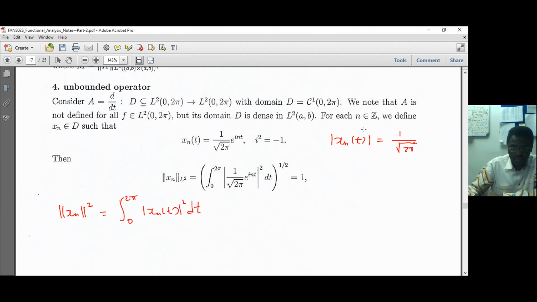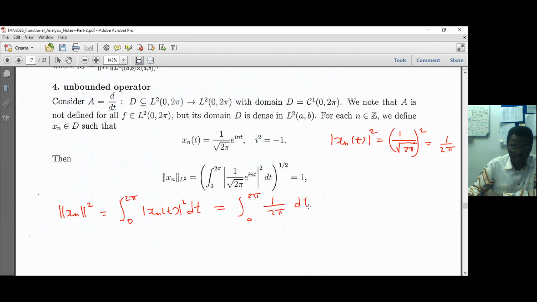Now, if I square this, it's 1 by 2 pi, right? And now, if I integrate this, I will be integrating 1 by 2 pi.